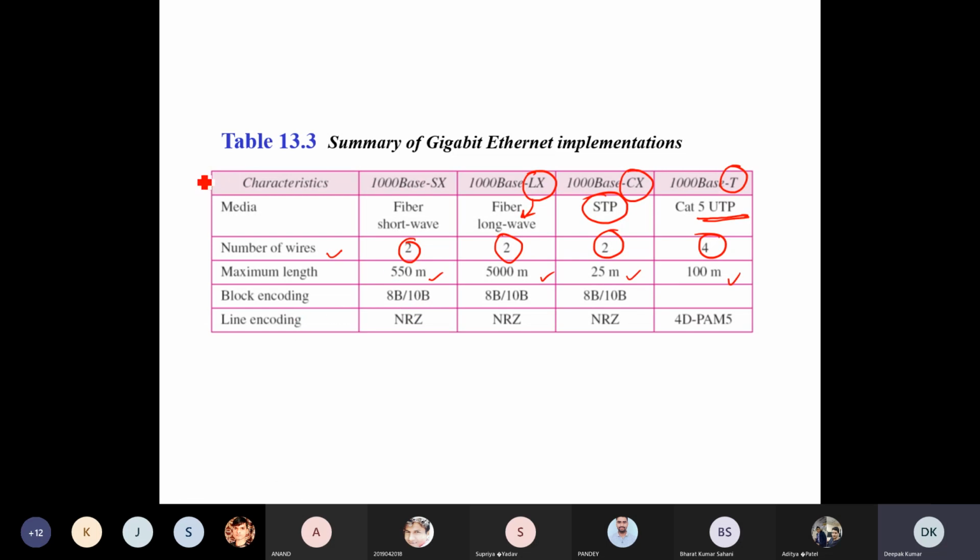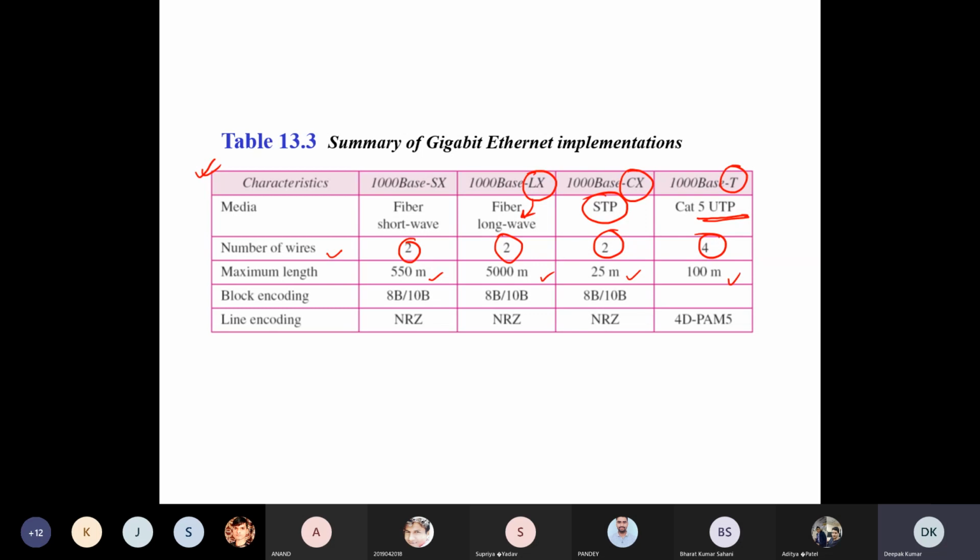This summary table can be used for objective questions that you can think about. According to this length, you can easily see which type of implementation can be preferred for a smaller network or a large network, such as a wide area network or a local area network, smaller for a smaller geographical region and larger for a larger geographical region.